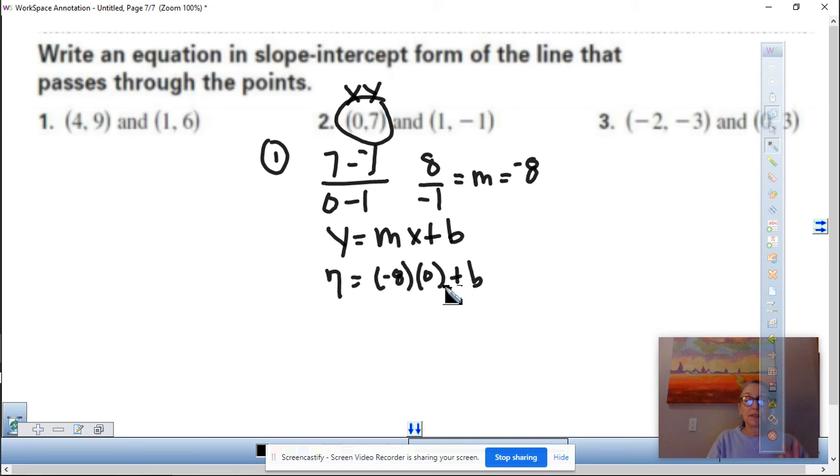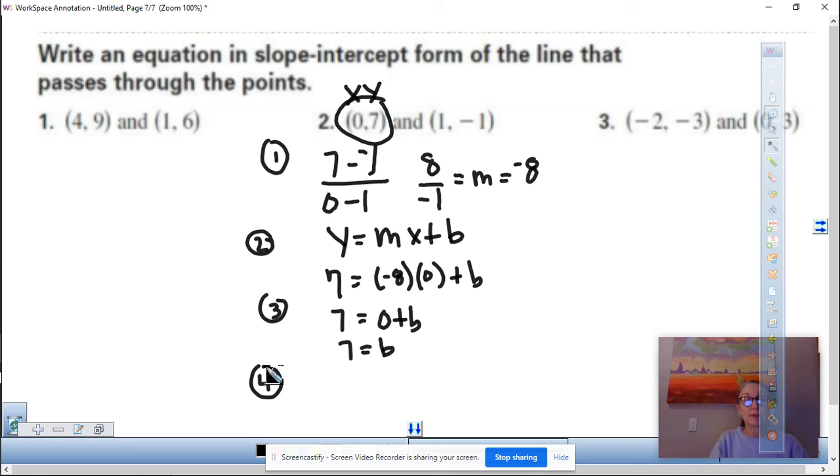My third step is to solve this to find out b. So 7, okay, this was step 2 here. This is step 3, and that's to solve it, 7 is equal to negative 8 times 0, which is 0, plus b. And so 7 is equal to b.